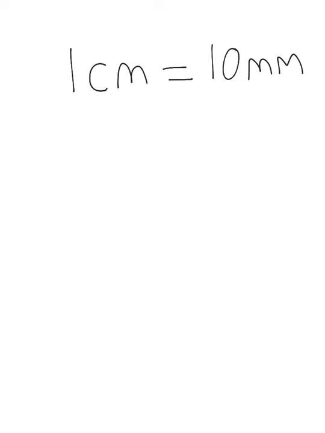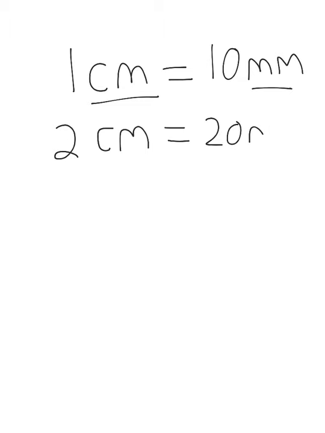So let's start with, I think most common and most easy, 1 centimeter is equal to 10 millimeters. Remembering that a millimeter is about the thickness of our nail, whereas a centimeter is about the width of a finger. Because we know that 1 centimeter equals 10 millimeters, hopefully you can already guess, 2 centimeters therefore must be the same as 20 millimeters.